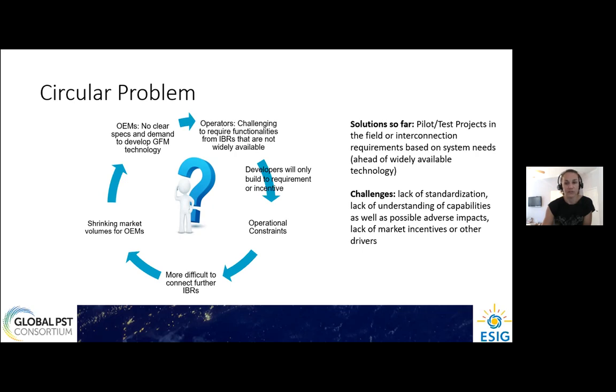But the challenge still is that there is a lack of standardization and a lack of understanding of capabilities as well as possible adverse impacts. And there is still a lack of market incentives and other drivers for developers to develop these grid forming inverters.